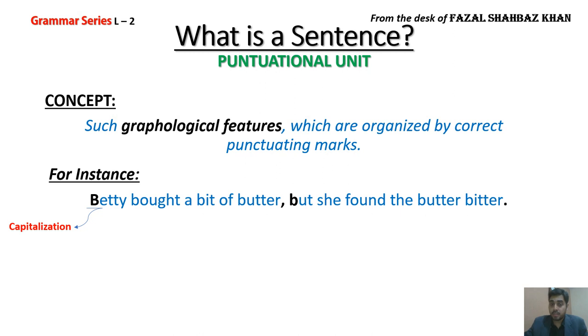In the beginning we are by default aware of capitalizing, but when it comes to the usage in between, we need to be aware of that. You must wait for another lecture on punctuation in detail, where we find the multiple ways of capitalizing letters. So capitalization is one thing.